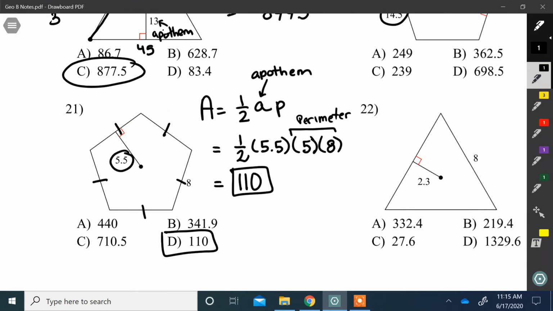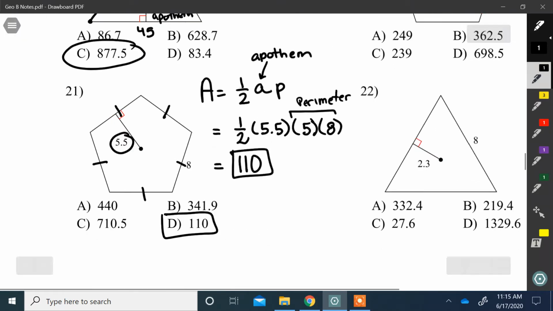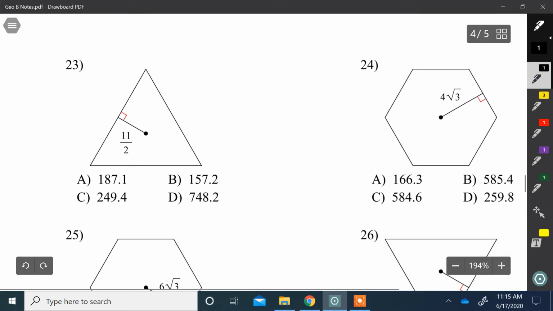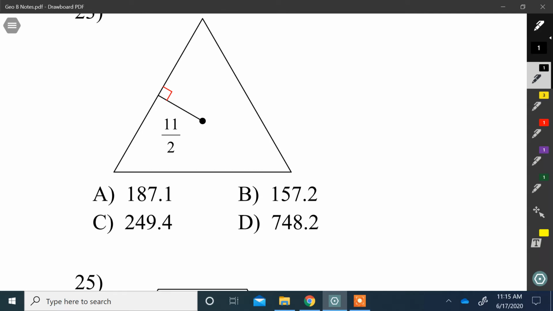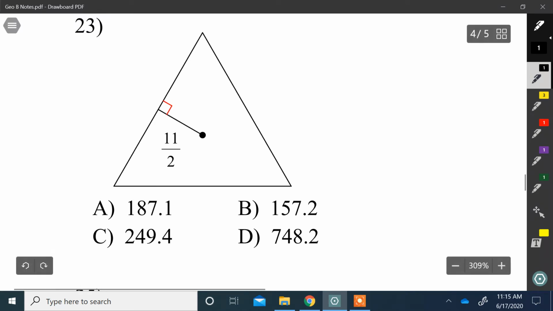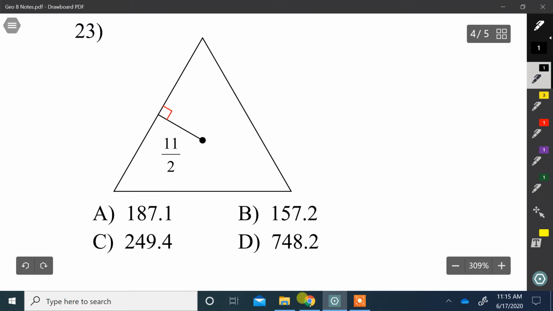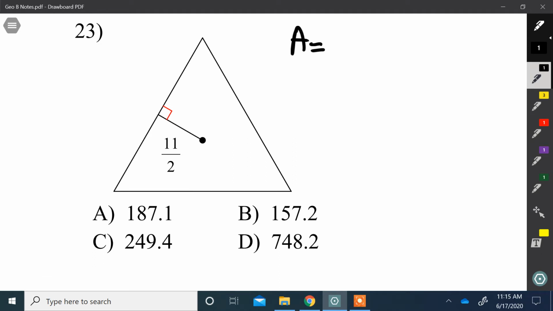So those are not too hard, hopefully. These ones are the ones that are more challenging. Okay, so let's see if we can actually do this one here. You're probably wondering, it seems like we're missing something here.